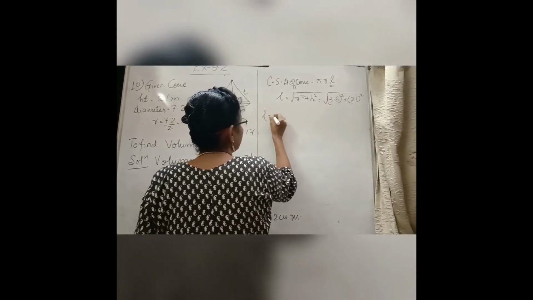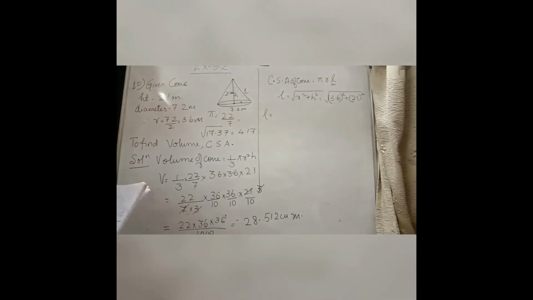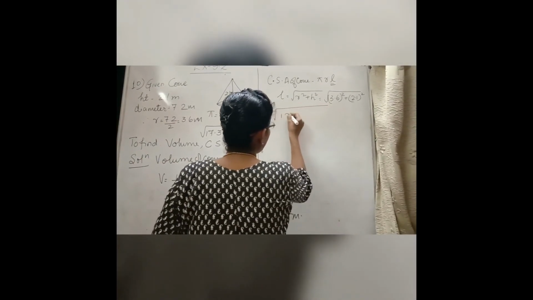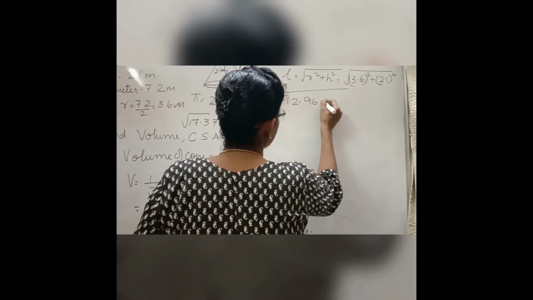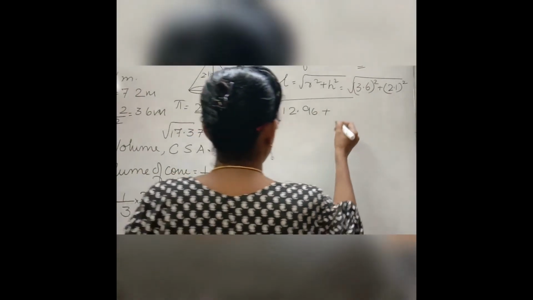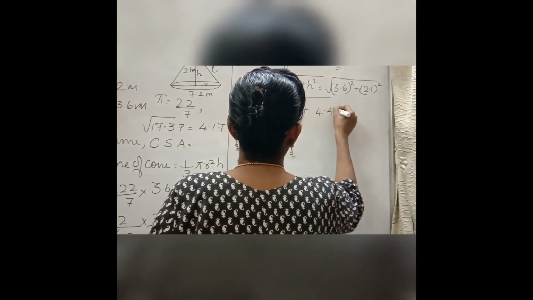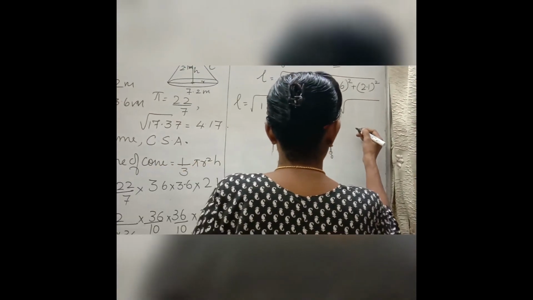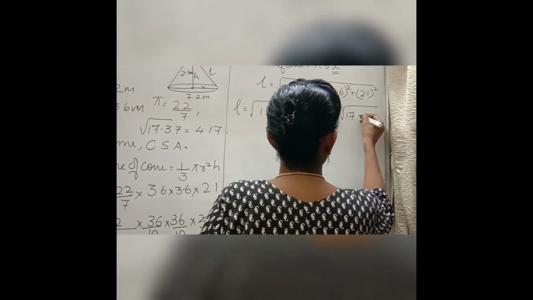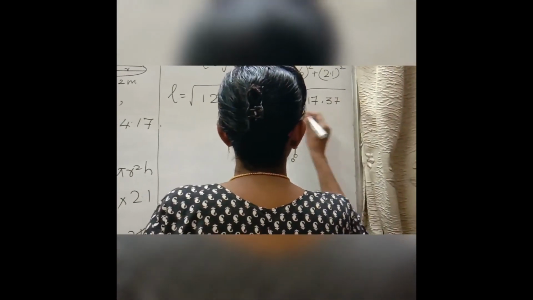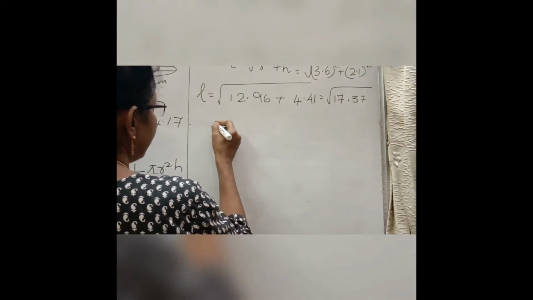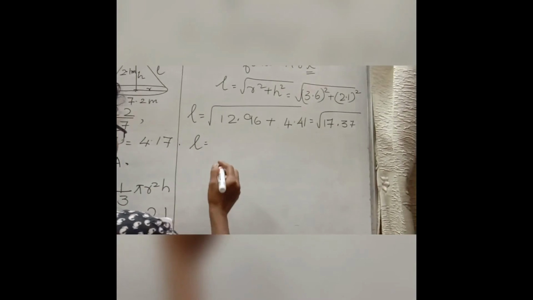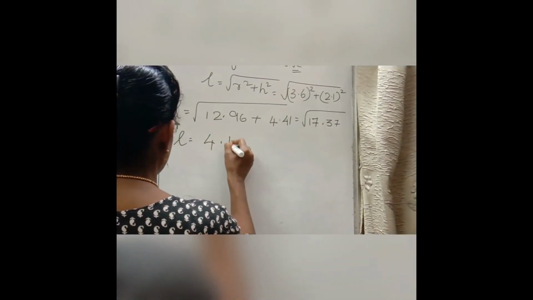So l is equal to square root of 12.96 plus 4.41, and that is equal to square root of 17.37. So the value of square root of 17.37 is given, and therefore l is equal to 4.17.